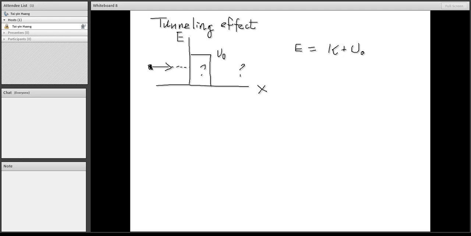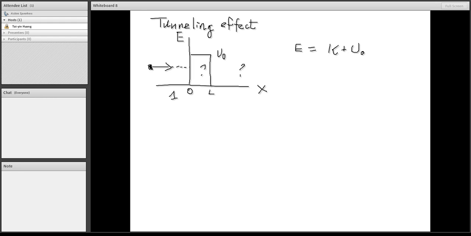So within region 1, the electron is considered a free particle, so there is no potential, and the energy is entirely kinetic energy.